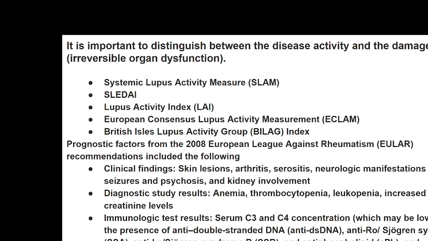The prognosis can also depend upon the clinical evidence, like skin lesions, arthritis, or neurological manifestations such as seizures or psychosis, and kidney involvement. These are the most important clinical signs which could lead you to a suspicion of SLE. At the same time, diagnostic study results of anemia, thrombocytopenia, leukopenia, or serum creatinine levels should also lead you to suspect SLE.